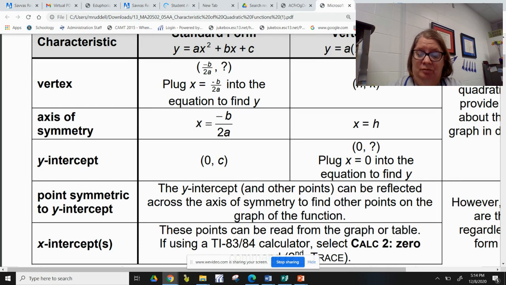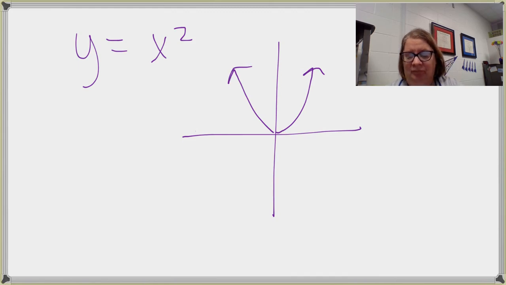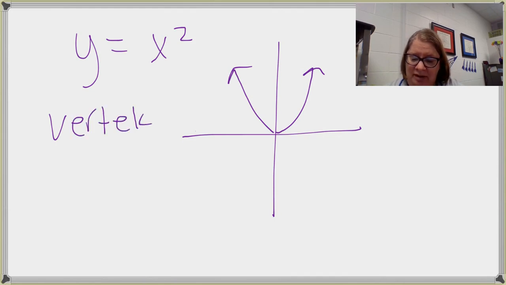Anytime you have x squared, you have a parabola. For this parent function, the vertex is at 0, 0. I just misspelled vertex, so let's fix that. Axis of symmetry.